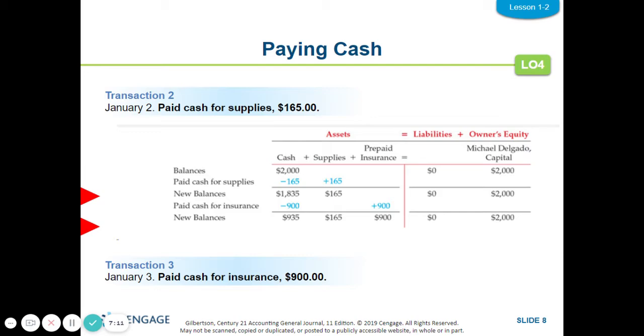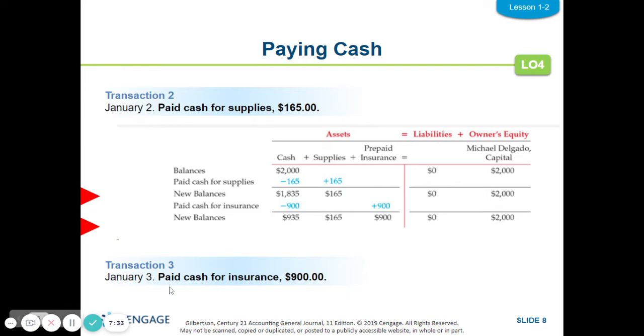You pay it ahead of time because let's say you buy a car on January 1, but you don't get insurance till January 31st. If you wreck it on January 15th, the insurance company is going to say, we're not covering that. You haven't paid your insurance. So you always pay it ahead.